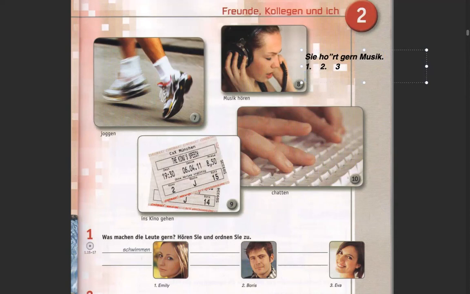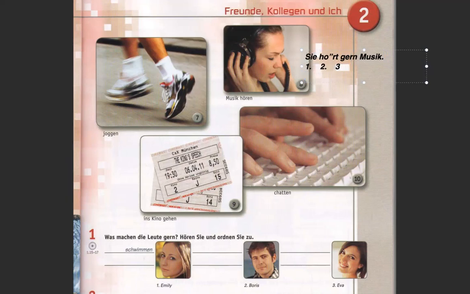Sie geht gern ins Kino. What is that? Kino means cinema. So this sentence basically means she likes to go to the cinema.